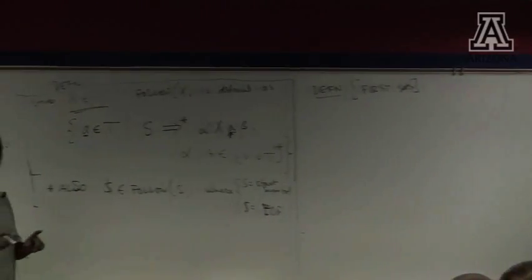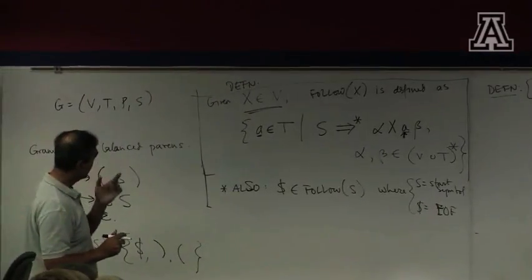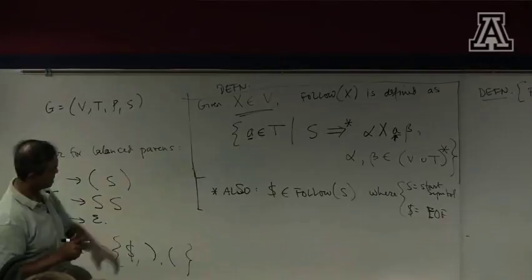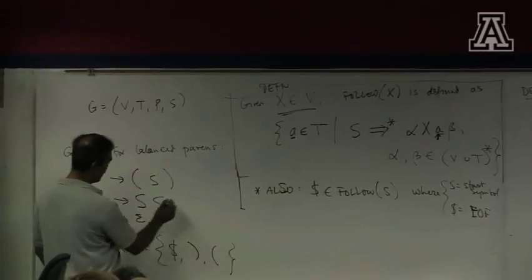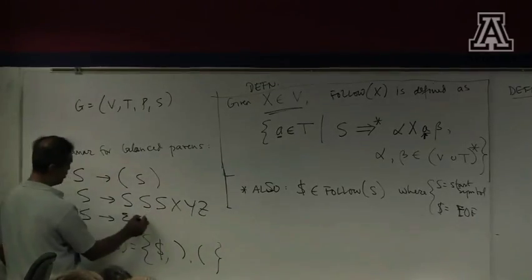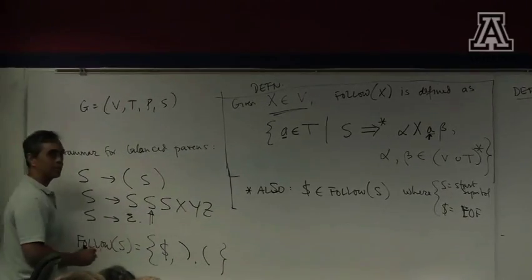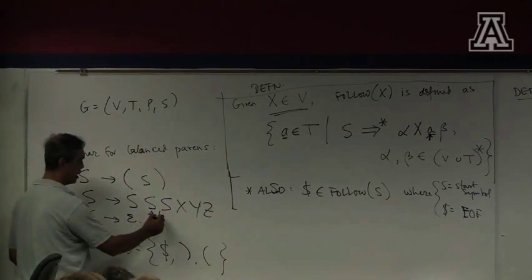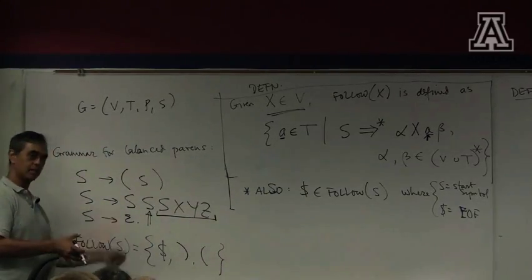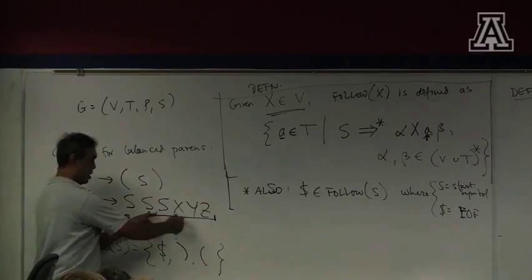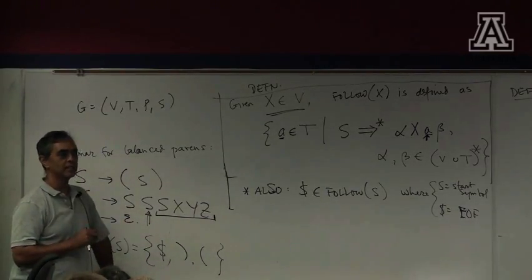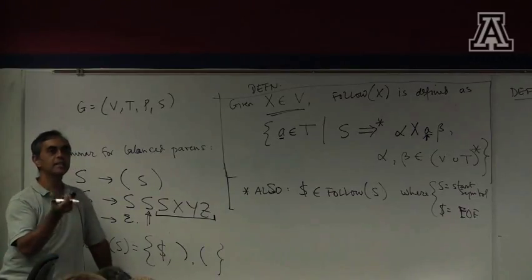Now, before I define the first set, let me tell you what the first sets apply to. As in that example that I've just erased, I can have a grammar where I might be interested in a particular grammar symbol, and I have to ask, what is the set of tokens that could be obtained in the first position of something that this whole sequence could derive? So first sets are defined for any sequence of grammar symbols.